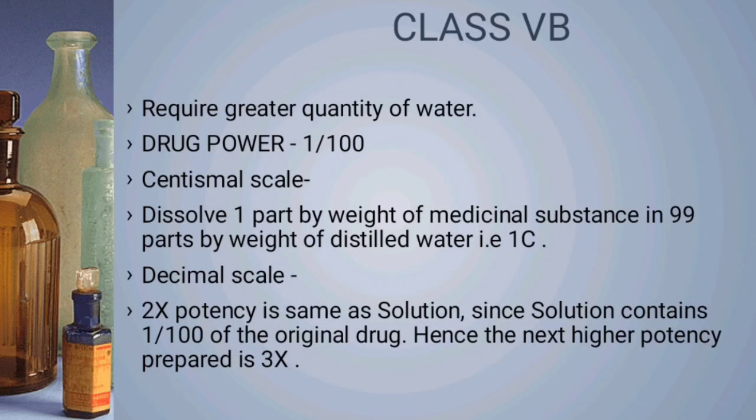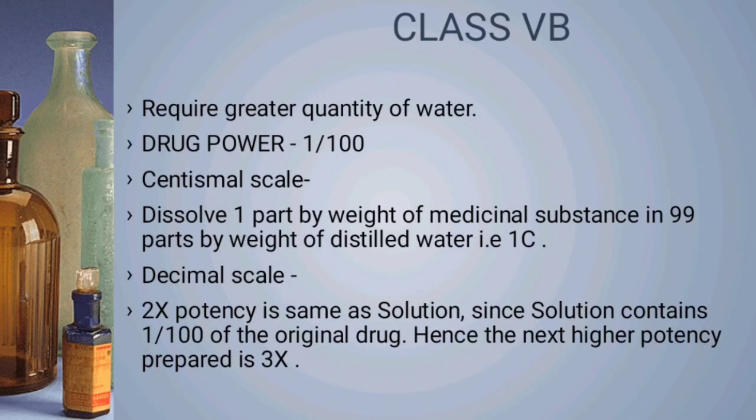So coming to the potentization, tell me, for the centesimal scale, how will you prepare 1C? As the drug power is 1/100, we already got 1C potency, correct? So for the next potency, what will we use? 1 part of the first potency and 99 parts of alcohol and 10 downward successions, then we will get the second potency.